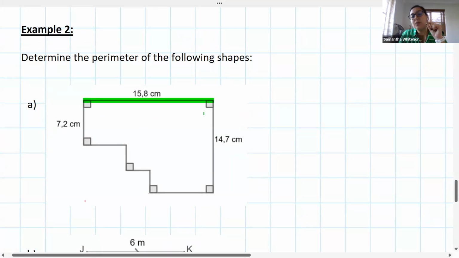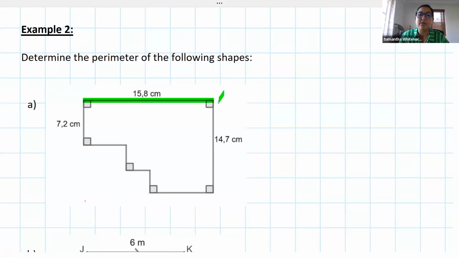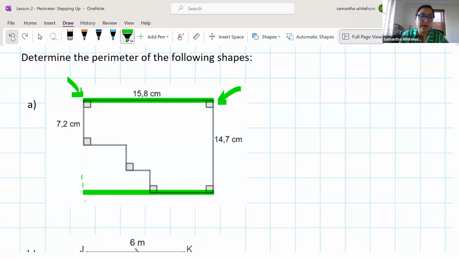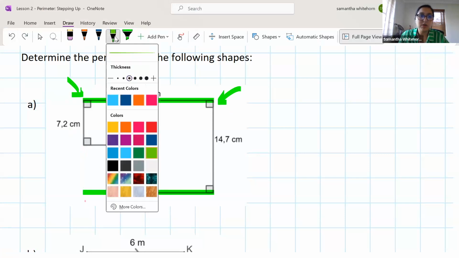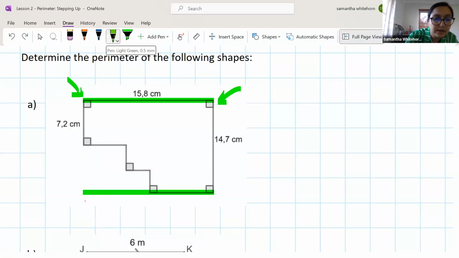And guys, what's really important is that because of these right angles that have been indicated on the shape, technically that means that if I were to extend this bottom length down here all the way to the edge where it meets up with the side, that too would be 15,8 centimeters. I obviously can't draw a straight dotted line, but it would be 15,8 centimeters. That's going to be quite helpful to us in a second or two, so I'm just going to write that down for now.